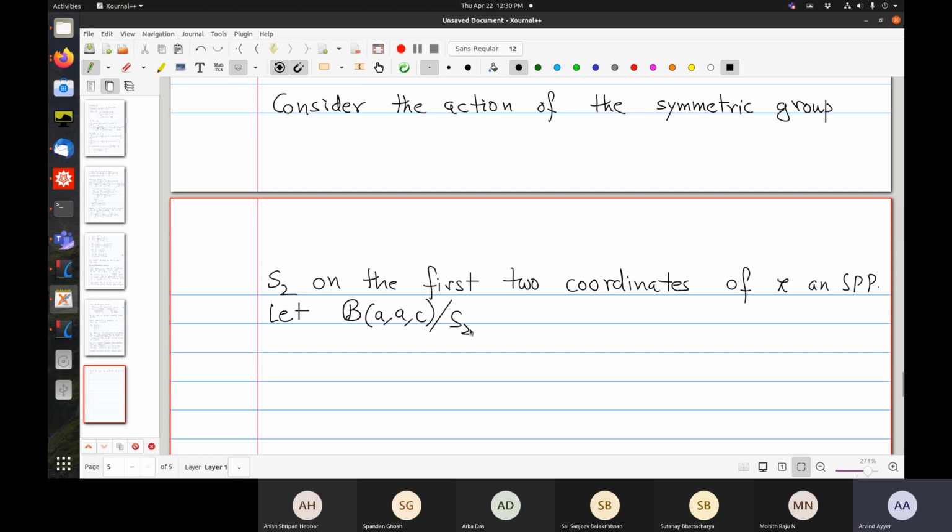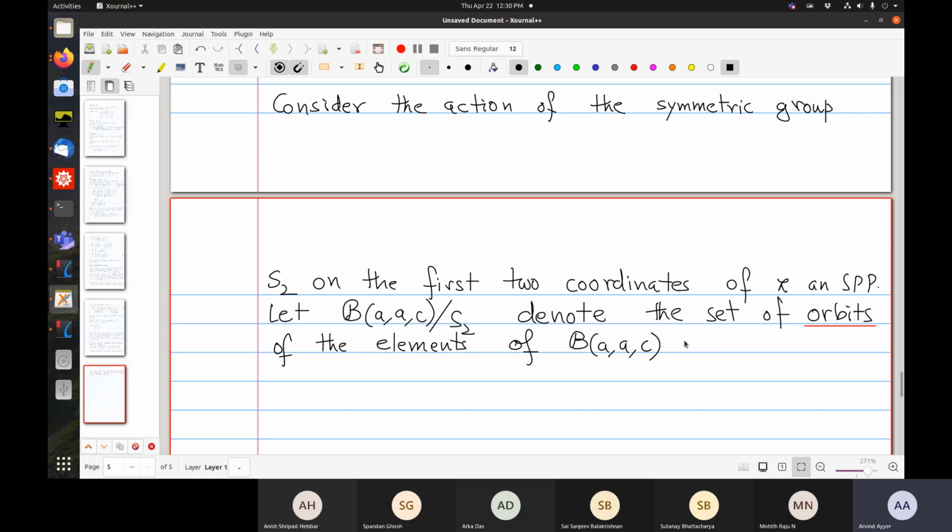Okay, so let BAAC mod S2 denote the set of orbits of the elements of BAAC under this action.